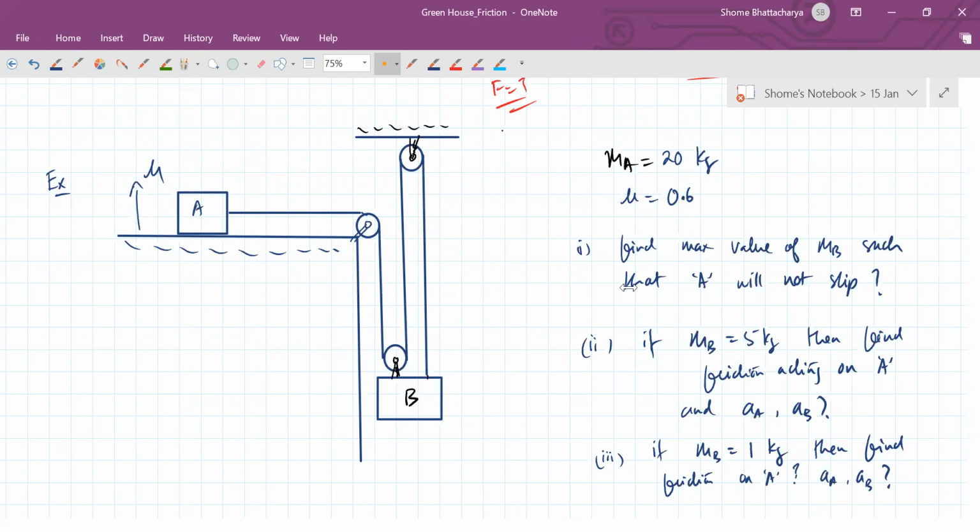Yeah, the first part, the answer is correct, people. 36 kgs is the correct answer. First part, the answer should be 36 kgs.